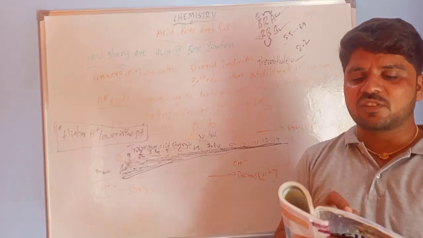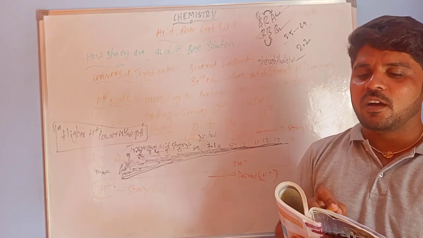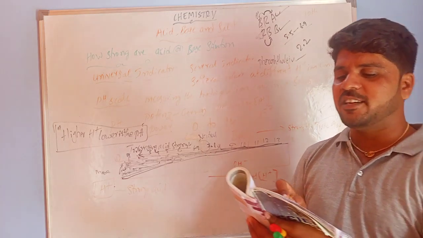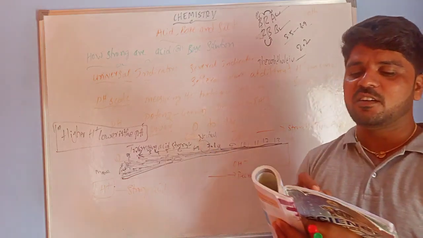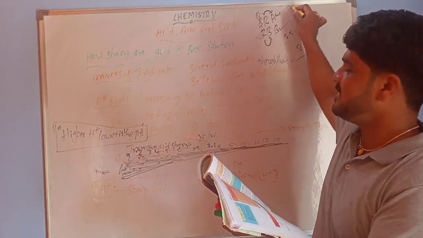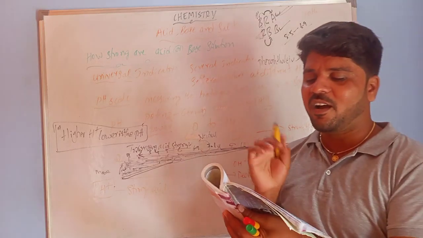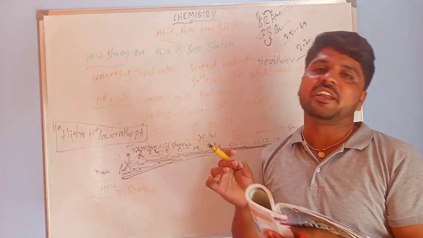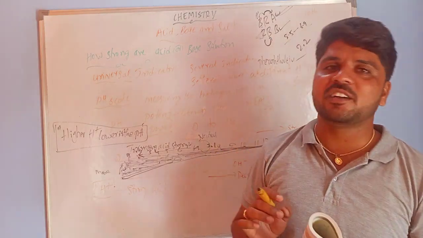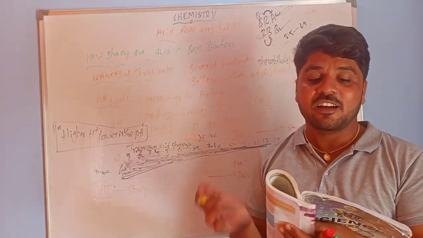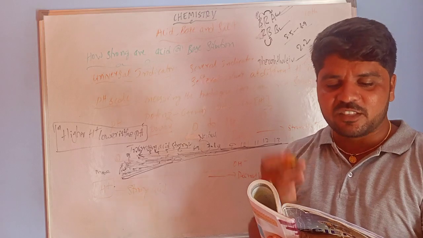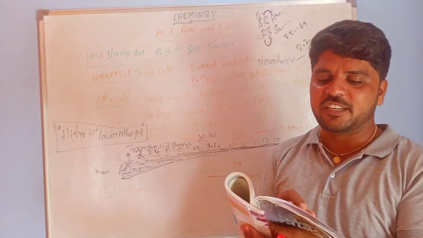Carrot juice: the nature of the substance is acid, and the approximate pH value is 5 to 6, and we use blue litmus paper because it is an acid. Coffee: when you drink coffee and tea, your parents tell you not to, because they create acidity. Acidity means they are also acids.